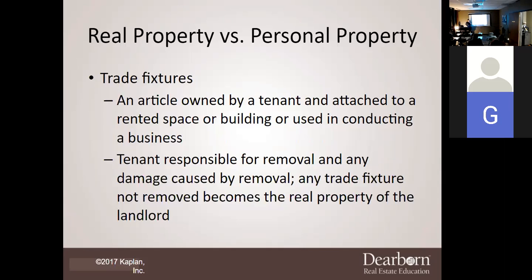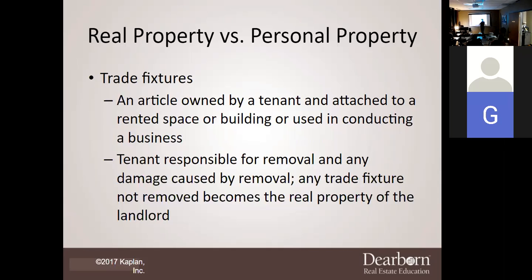He can tear it down brick by brick and take it out, or he may break down a portion of the wall to get a forklift in, pick it up, and carry it off. But the key thing is that any damage caused by removal, Wyatt must fix.